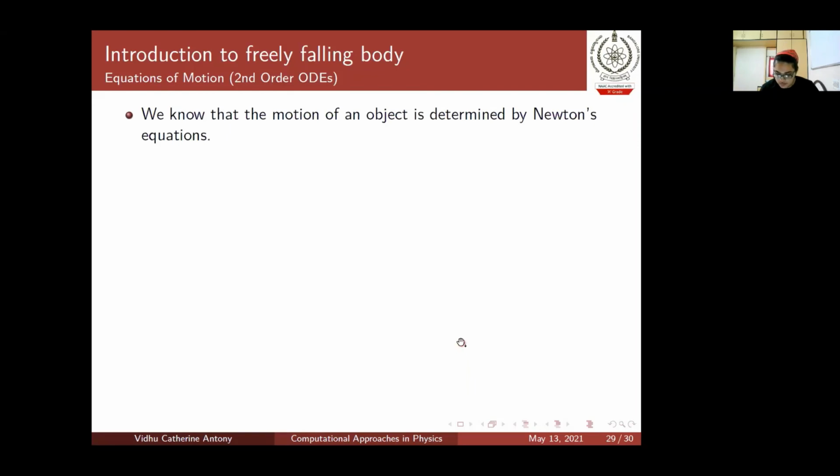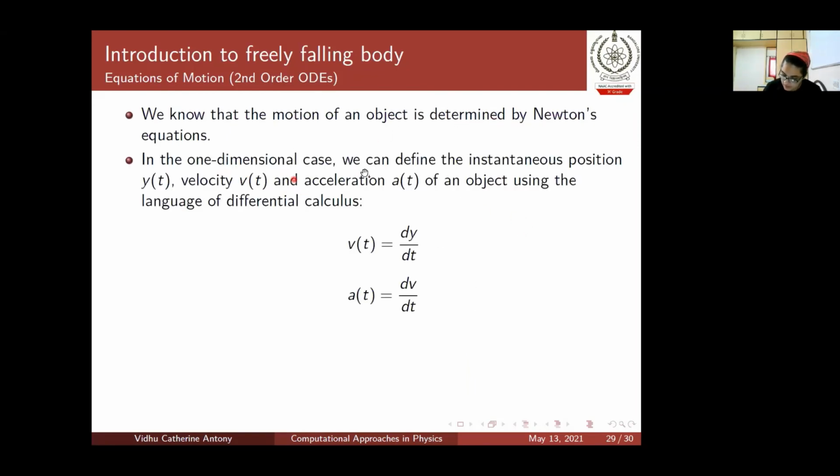We know that the equations of motion of the object are governed by Newton's equations. In the one-dimensional case, we can define the instantaneous position y of t, the velocity v of t, and acceleration a of t of an object. How do you write your velocity? dy by dt. How do you write your acceleration? dv by dt. Now the particle's motion, what is it basically defined by?